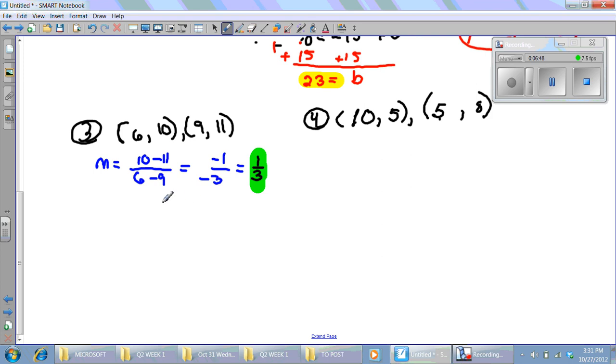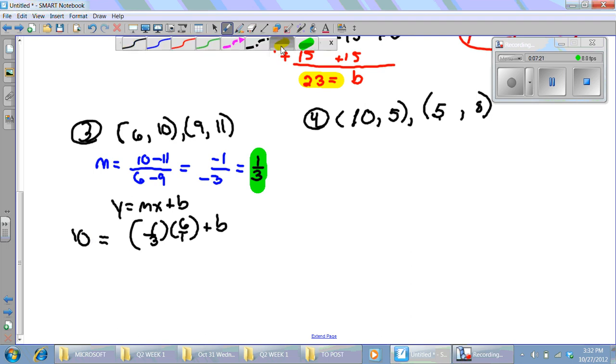All right. I'm going to write the equation y equals mx plus b. I'm going to plug in the slope if I can. There we go, 1/3. I'm going to plug in an x value. I think I'll use 6 over 1. I'm solving for b, and I need to plug in 10 for y. Had I plugged 9 in here, then I would have to use 11 over here, right?